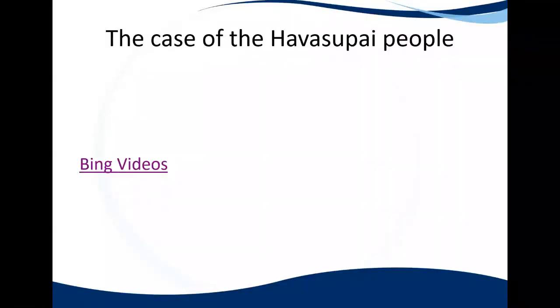So that is another example of the ways in which research can abuse people in the communities. And here I'm not talking about things that happened 50 years ago or 70 years ago.